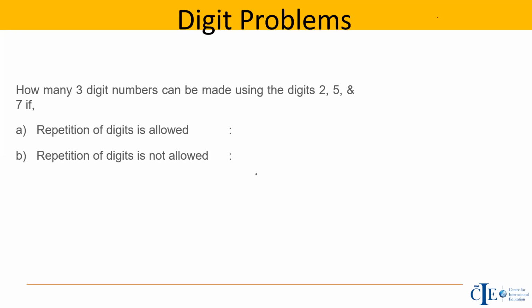Yeah, so the answer to the first one, when repetition is allowed. Repetition allowed है तो कितना हो जाएगा? Units, tens, hundreds. You can use any of the 3, and a 3 and a 3. So that's 3 into 3 into 3. That's 3 cube, right? Which is 27.